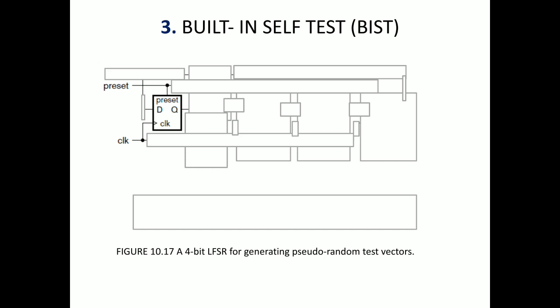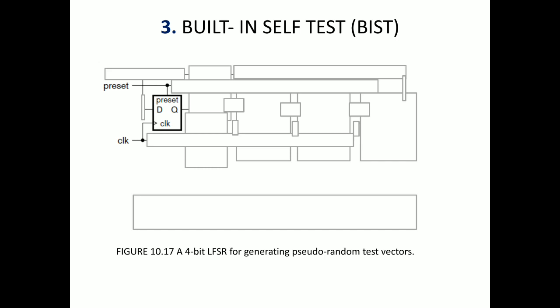The pseudo random sequence starts with an initialization value called the seed. We give the seed, and that seed is shifted through the registers one by one through some logic mechanism, and the last shift register output is fed back as input to the first register. Like this we are generating the pseudo random sequences.